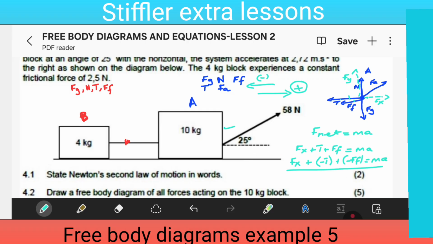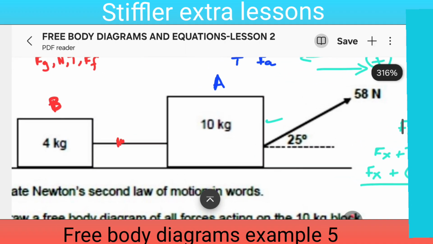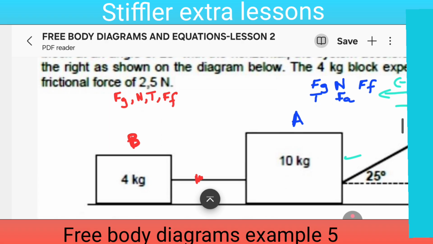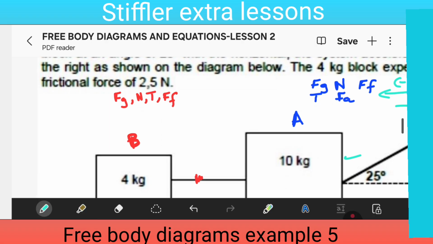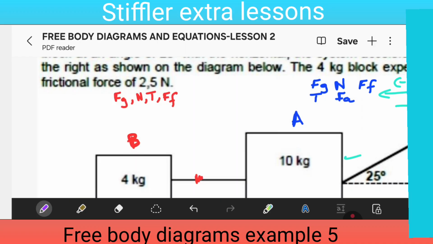Now let's go to the other block. Let's see how we can deal with the other block now. What do you have in this block? We're having those forces. I think there are 4 forces acting on this block. So let's draw the free body diagram of this.